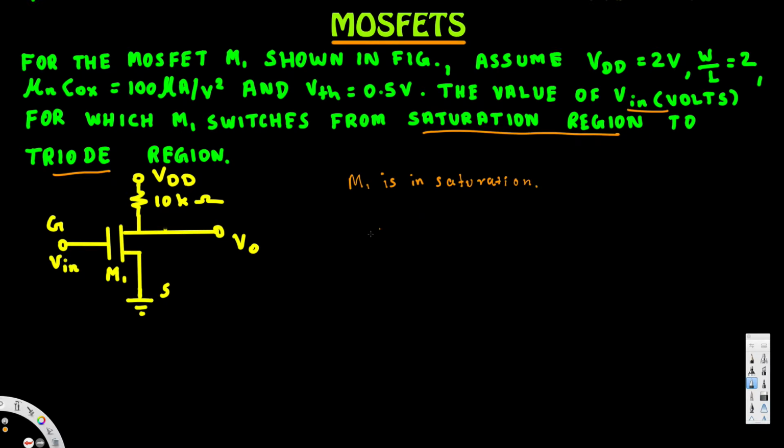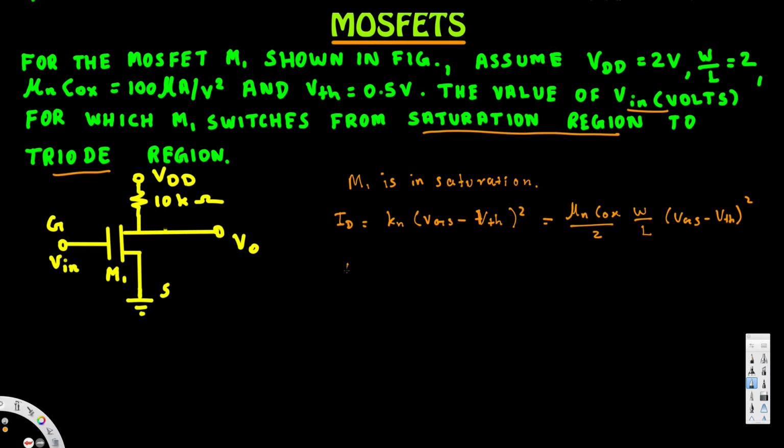So in the saturation region, the drain current equation is given by Kn times (VGS minus V threshold) squared. This Kn is nothing but mu n times COX divided by 2 times W over L. Okay, and then this part remains the same, (VGS minus V threshold) squared.